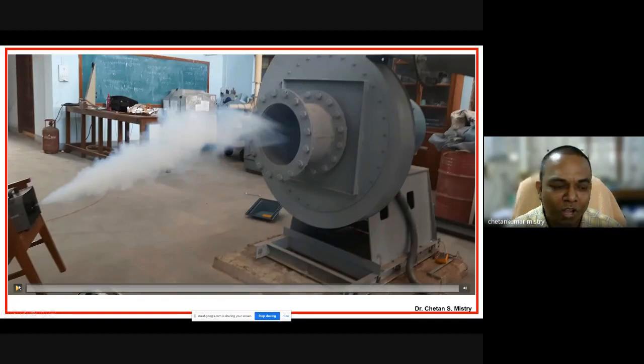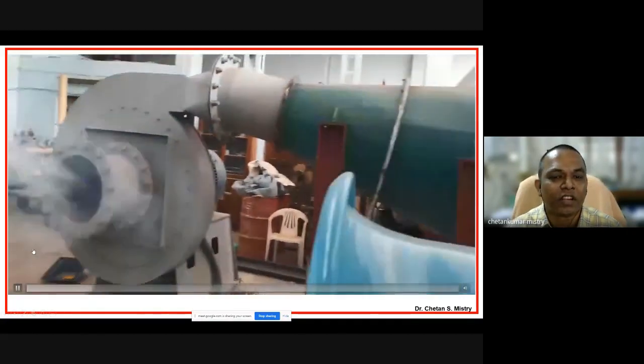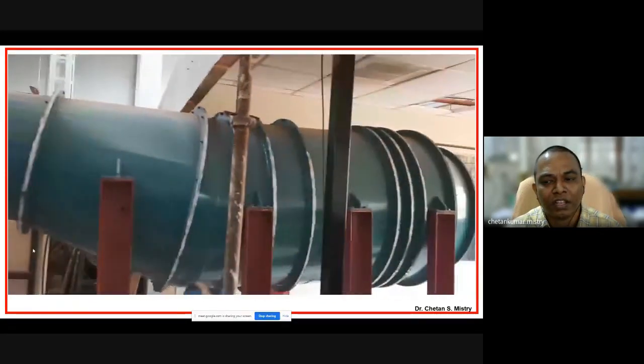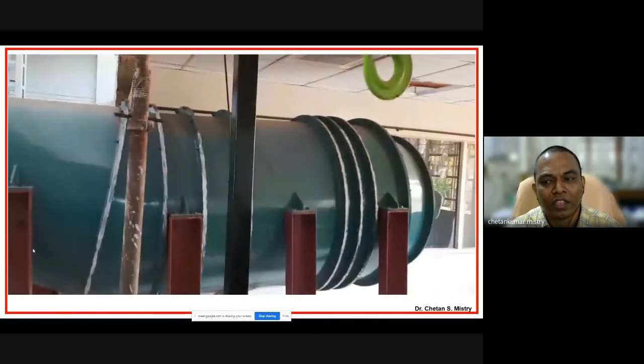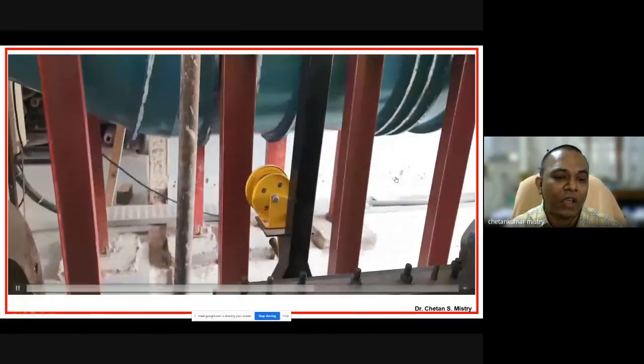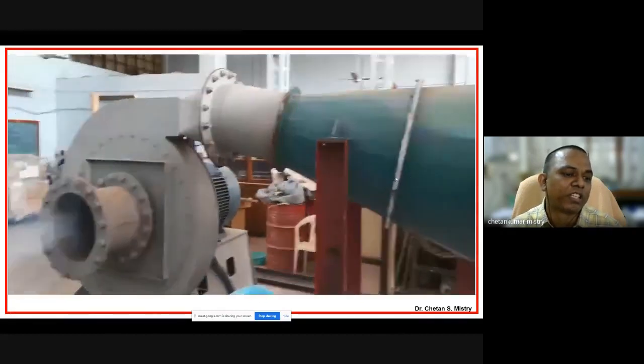I was very busy with all this testing and commissioning part. Let me show you this testing. This is my suction, and at the exit of my nozzle I was able to get uniform flow. That is my expectation.